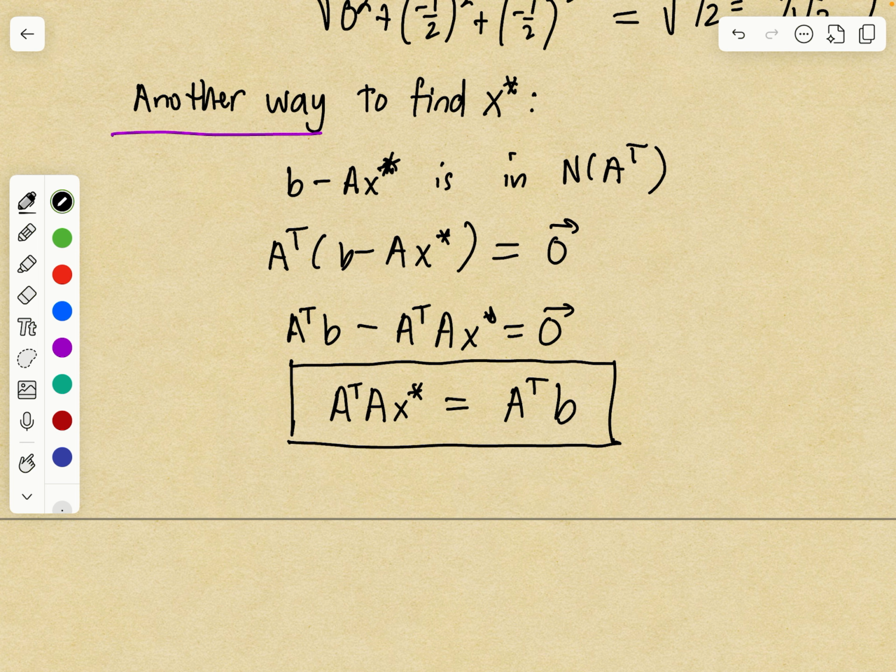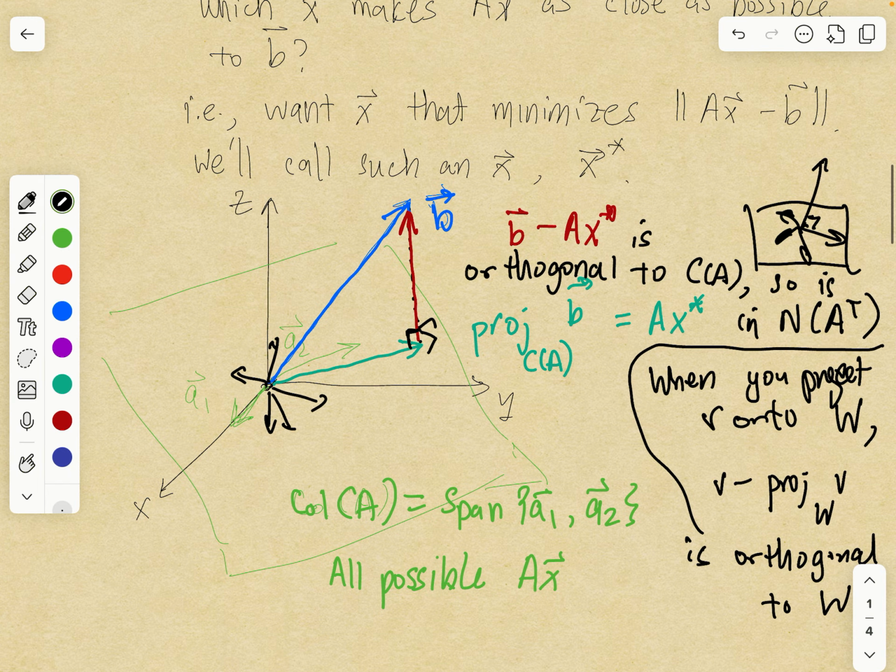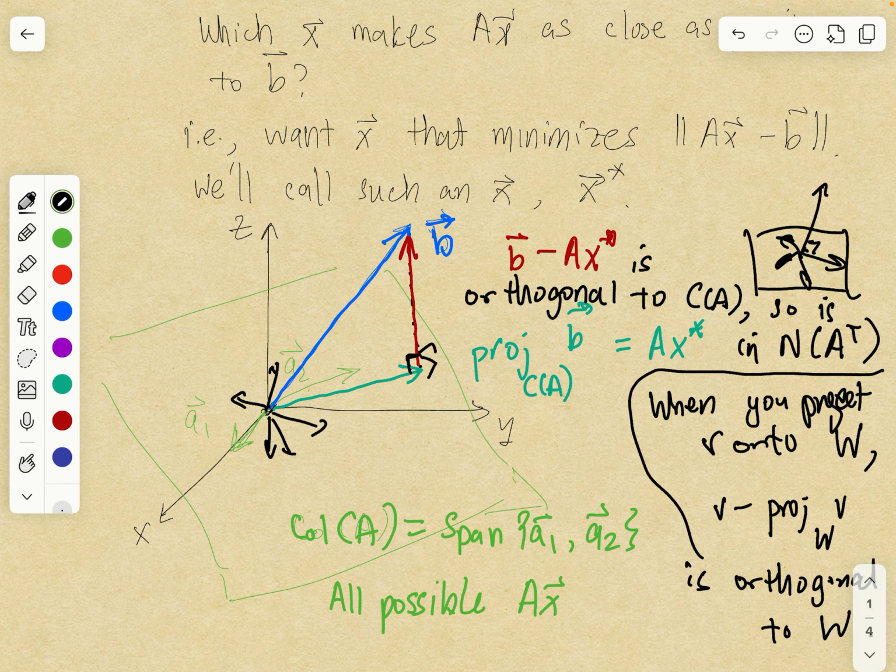See, what we did is we showed that x star has this property that's in the box. But how do we know that if x star has this property in the box, that it must give you this configuration?